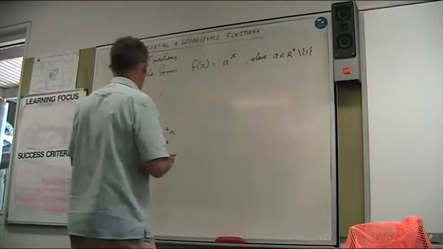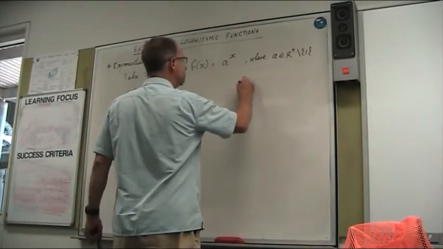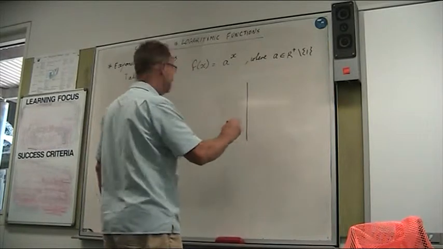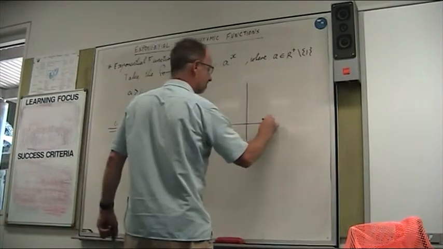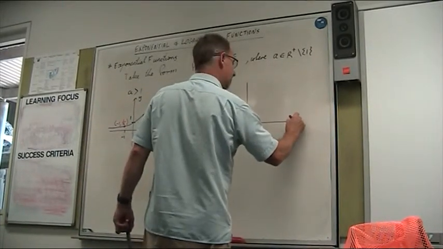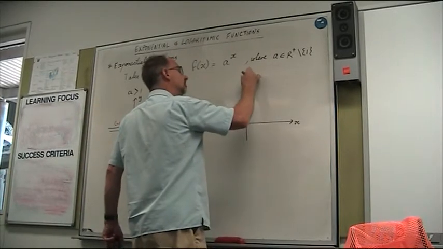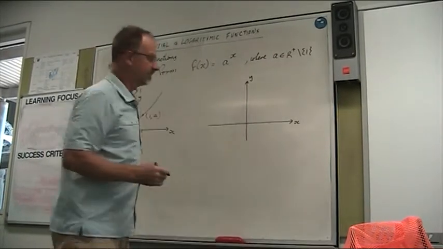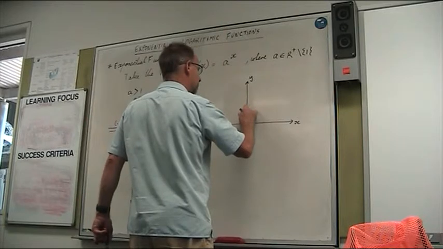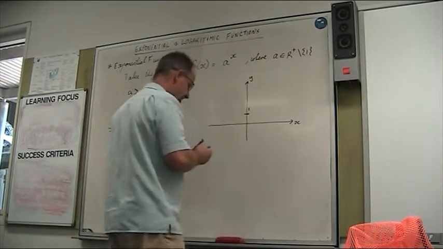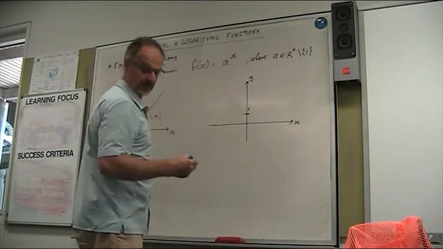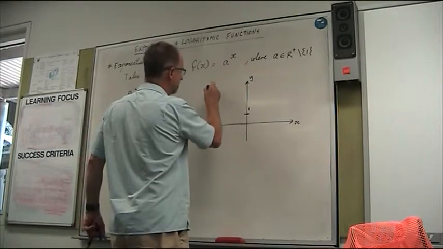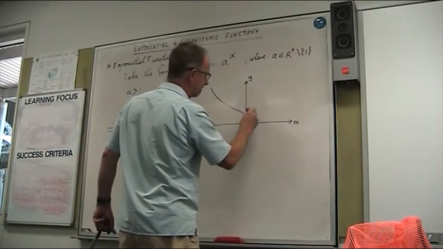Now, if a is a fraction, so 0 less than a less than 1, then it looks very similar. It still has that y-intercept of 1, and this time it curves around this way.